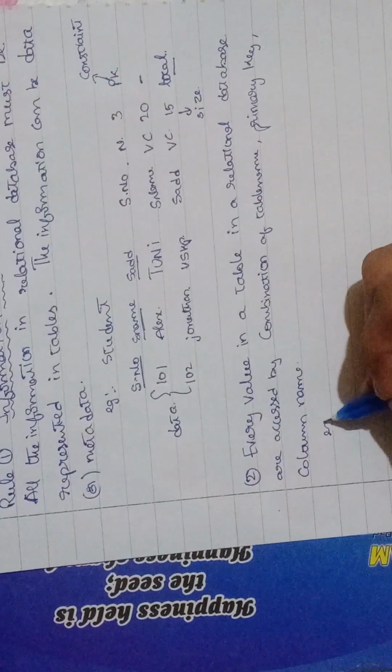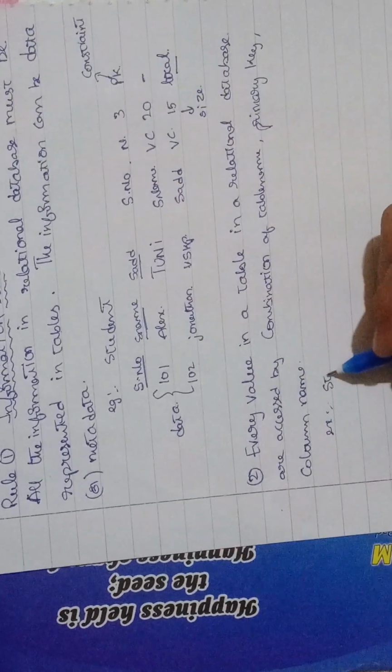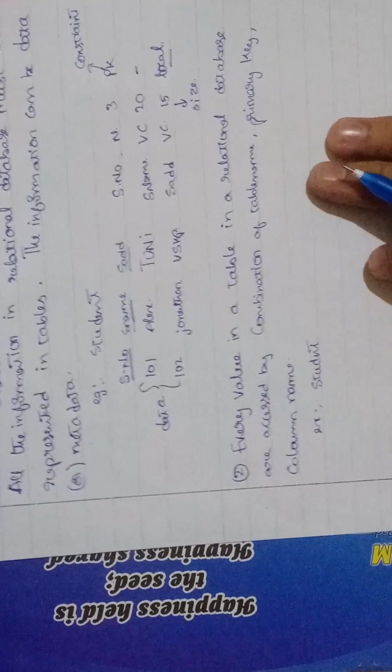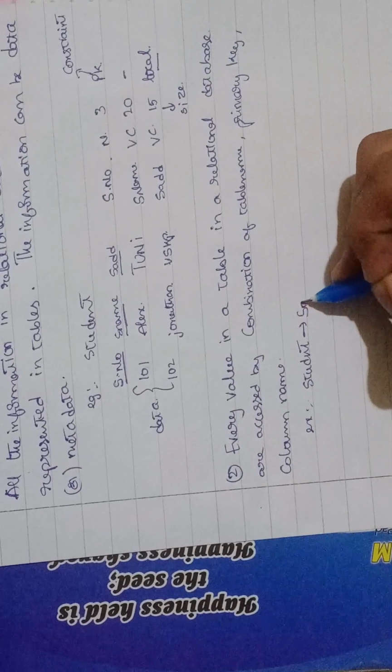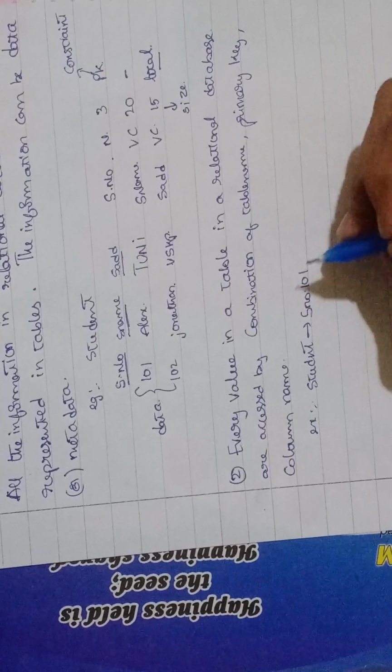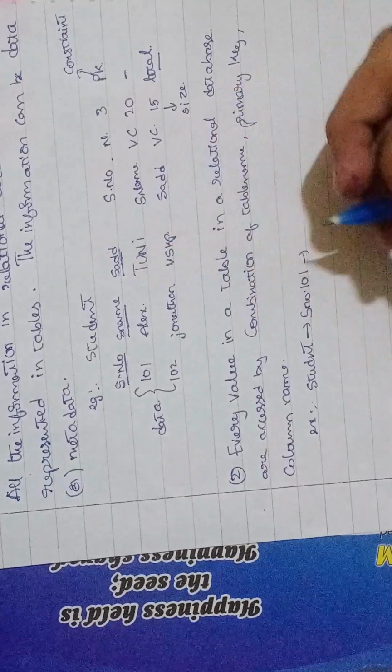For example, we can see the first student: table name student, and student number 101, and student address.